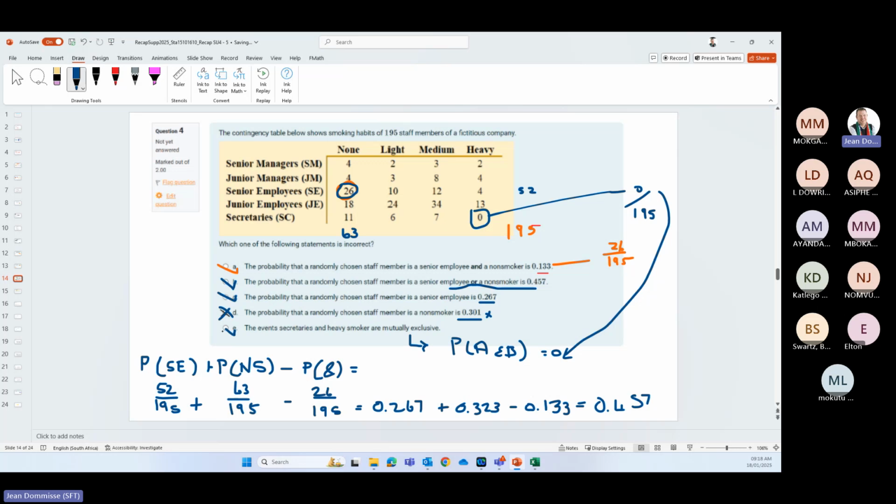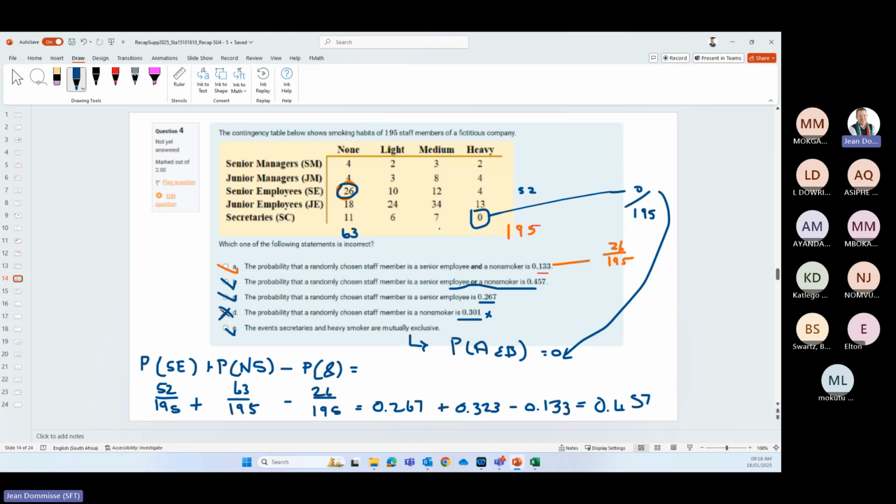Okay, so in this one, the mutual exclusivity is sitting in the table where, if there was one person, then it's not mutually exclusive. It will be very small, 1 divided by 195, but then there is one person.